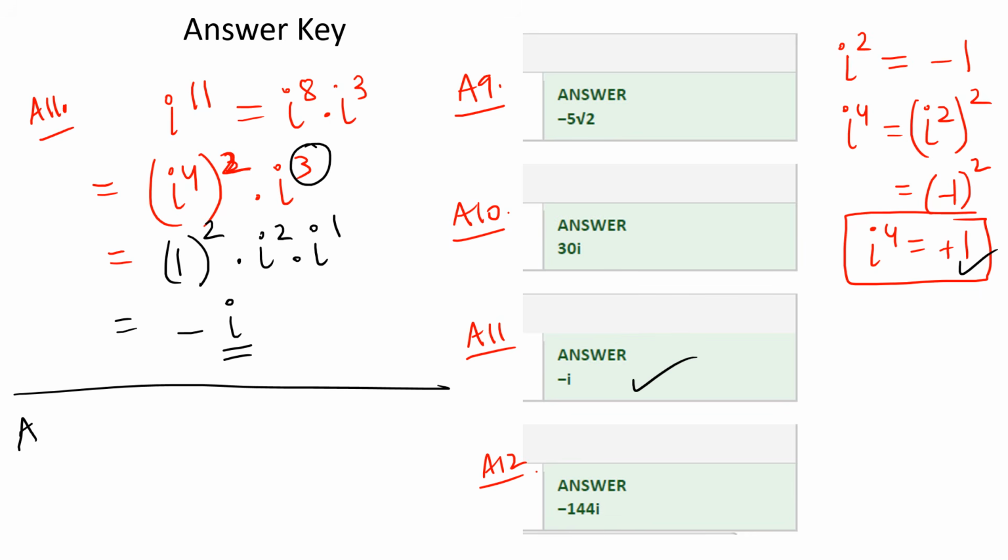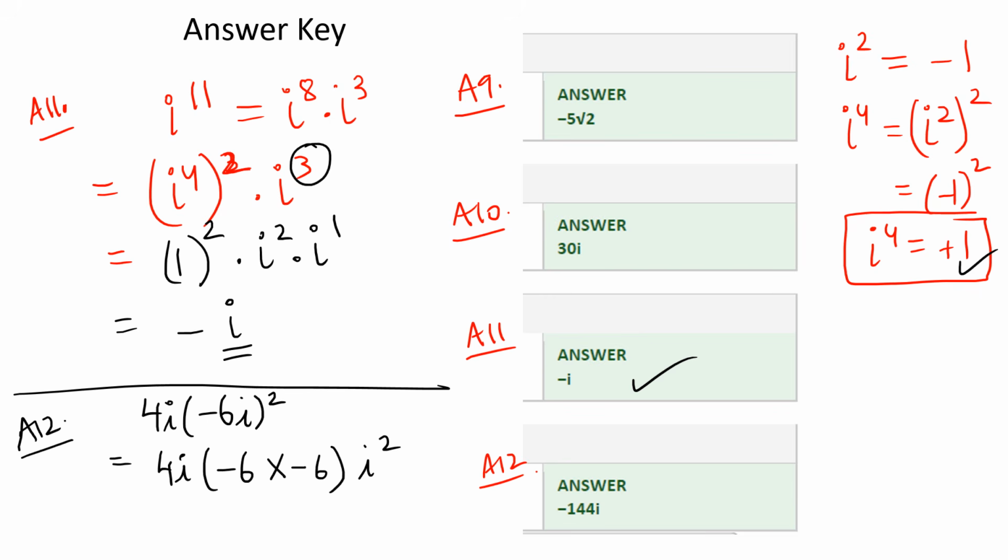Okay. Let me do 12 also for you. So 4i is multiplied to minus 6i whole square. So we will open the bracket and then we will solve. So 4i as it is. When I open the bracket, see the power is 2. So minus 6 multiplied with minus 6 and i to the power 2. Let's multiply the numbers, 4 multiplied by 6 multiplied by 6.